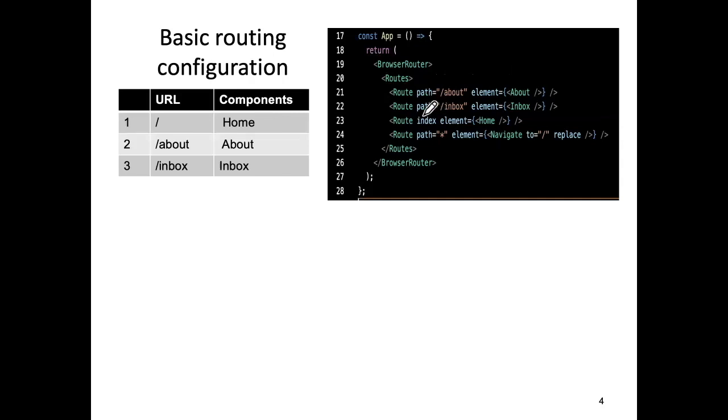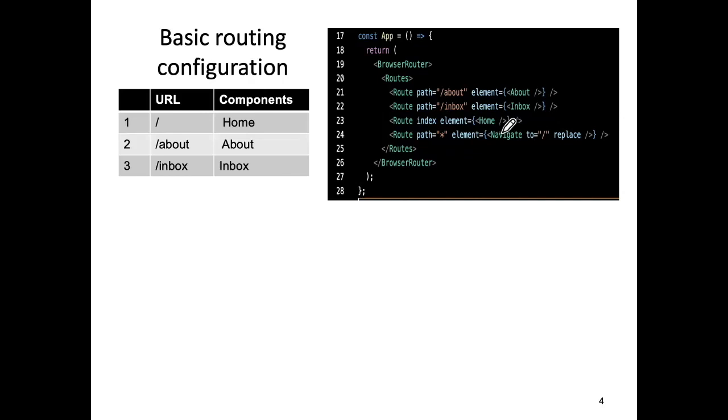The index path is always what's referred to as the root path, which is just the slash on its own. I want the home component to be mounted. The way you interpret this one here is if the path is anything other than any of the above, so it's the default case or the 404 case, then notice in this case, I'm mounting a component called navigate.